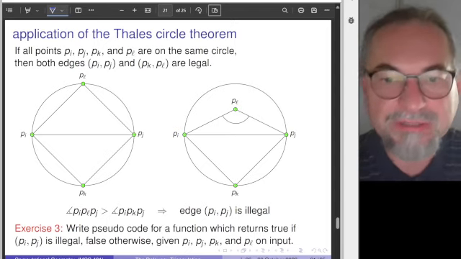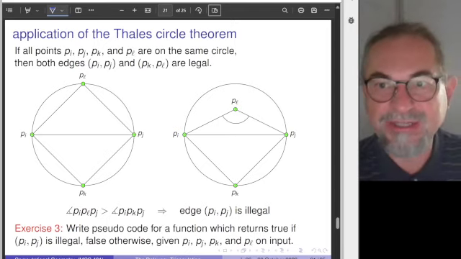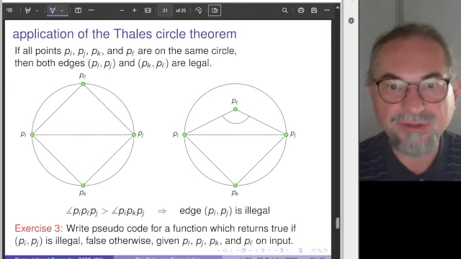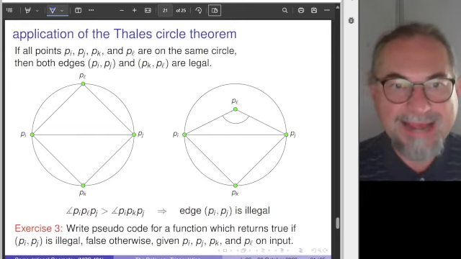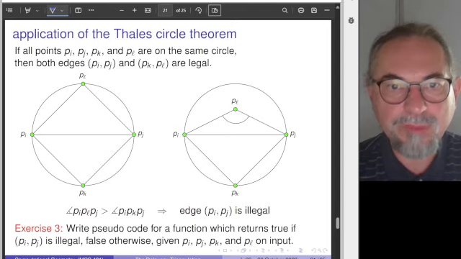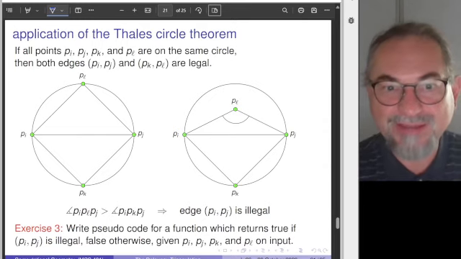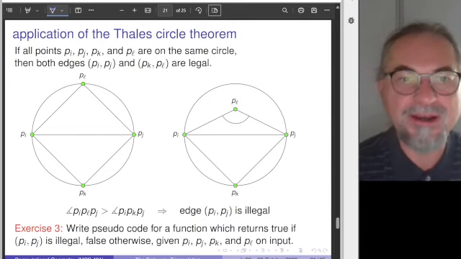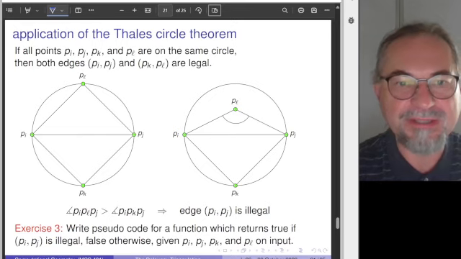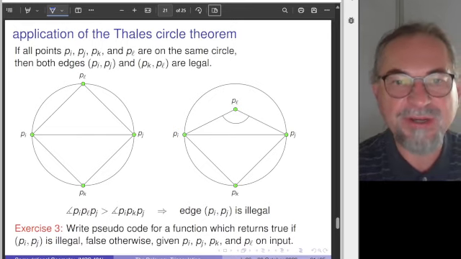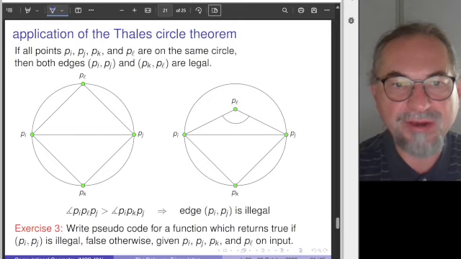So how can we decide whether an edge is legal or illegal? Just by comparing angles. And this is actually a solution to exercise 2, by the way. If you have the edge PiPj, or if you replace it by the edge PlPk, it won't really change the angle vector.